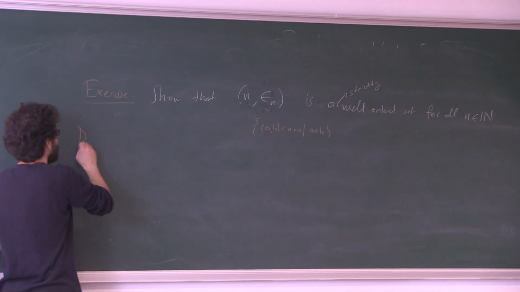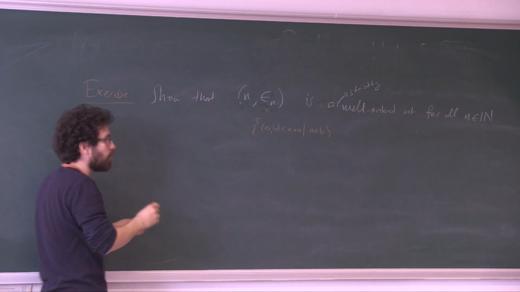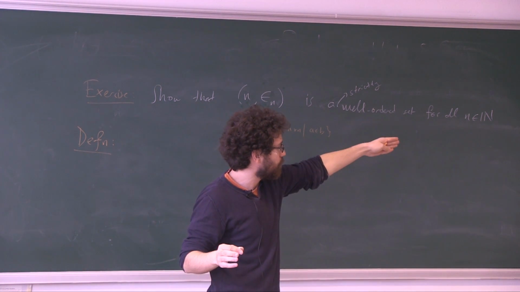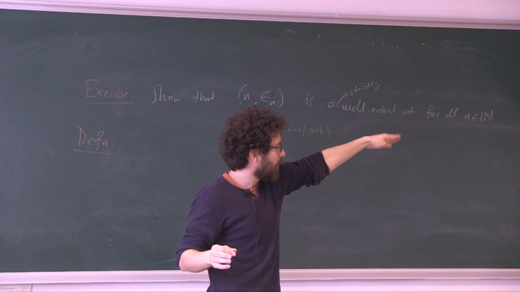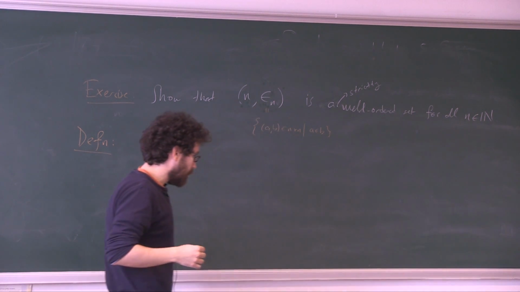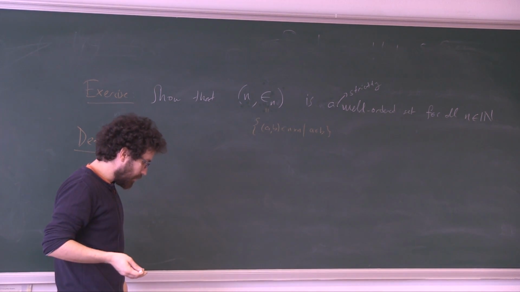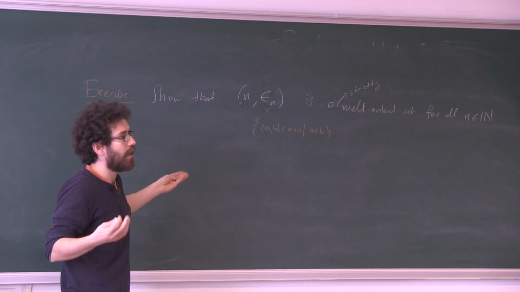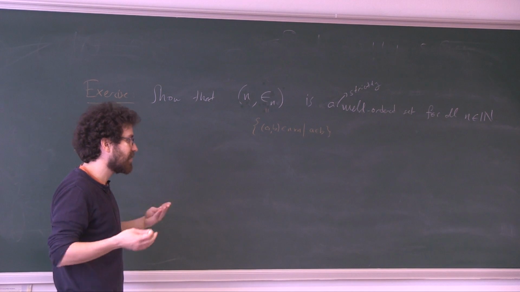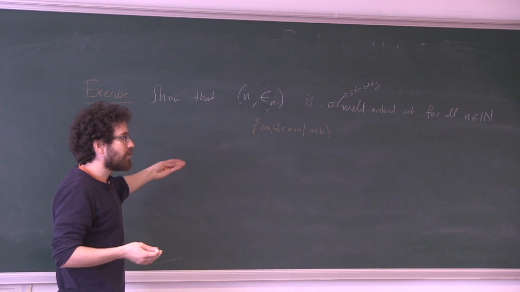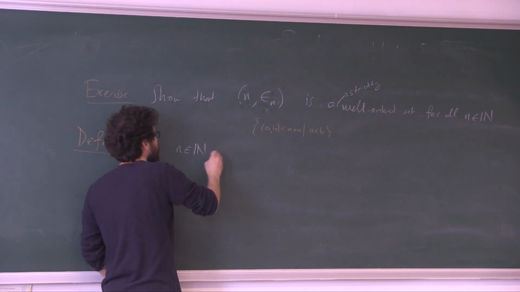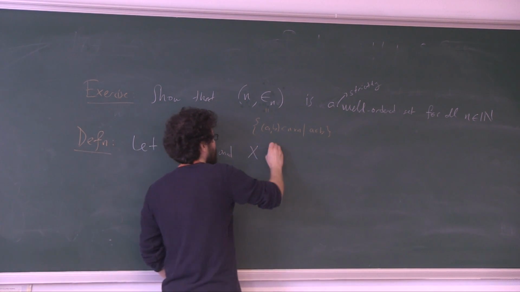Anyway, definition. At this point, we have natural numbers. We constructed natural numbers. We've seen that they're well-ordered by the membership relation. Now, let's make some definitions which we use in mathematical practice, like sequences of length n and n-fold Cartesian products. Let's define these using natural numbers. Let n be a natural number and x be a set.